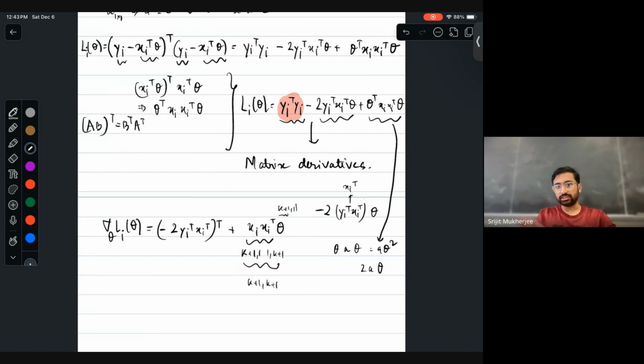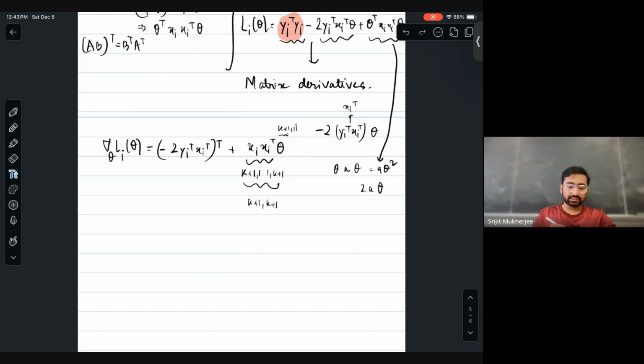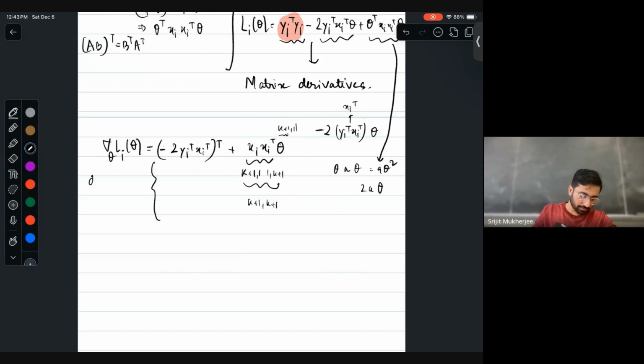So to check the dimension, what will be the final dimension? Now the total dimension is the same as theta.